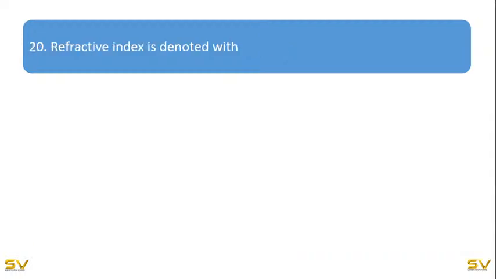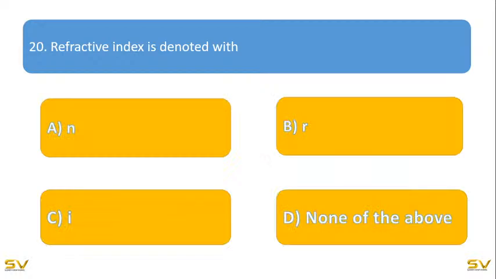Refractive index is denoted with the letter... What is the symbol of the refractive index? Is it N, R, I, or none of the above?